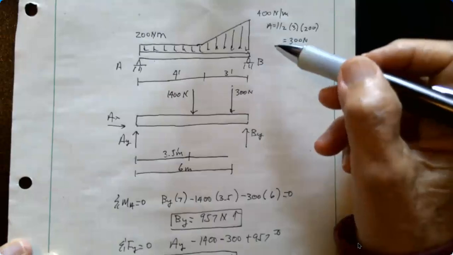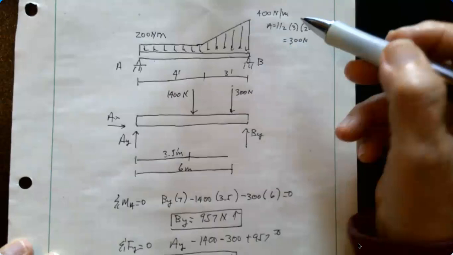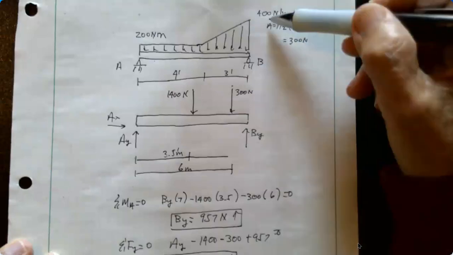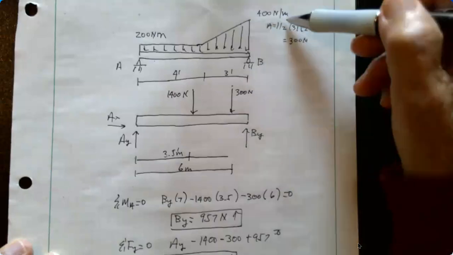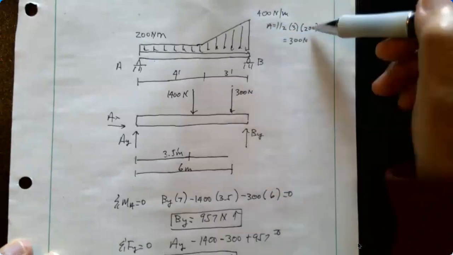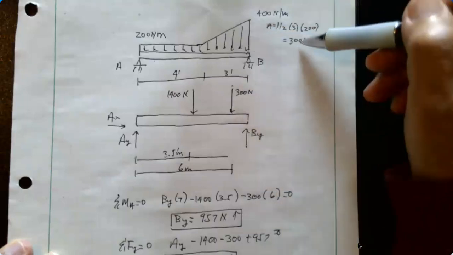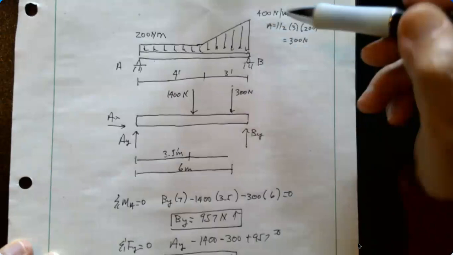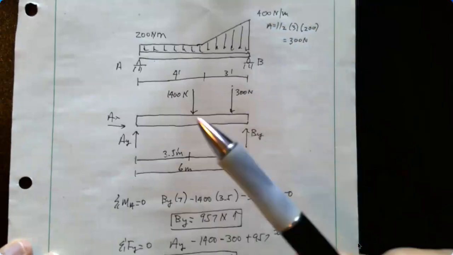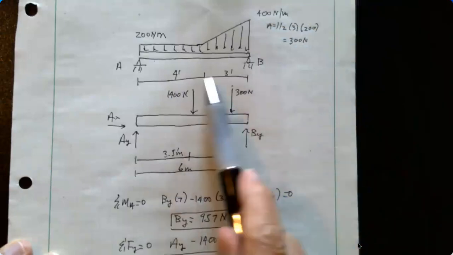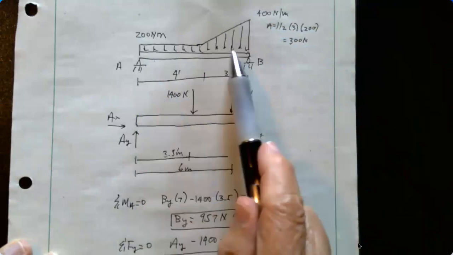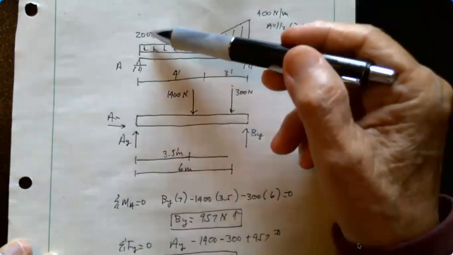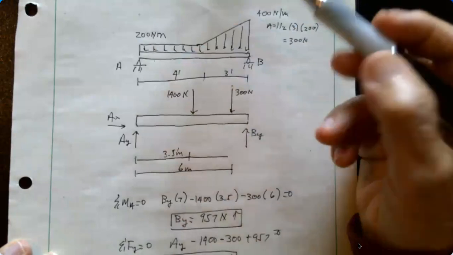So this area up here is 1/2 the base, which is 3 times 200, which will be 300 newtons. This is 4 and 3 is 7 times 200, which is going to be 1400.